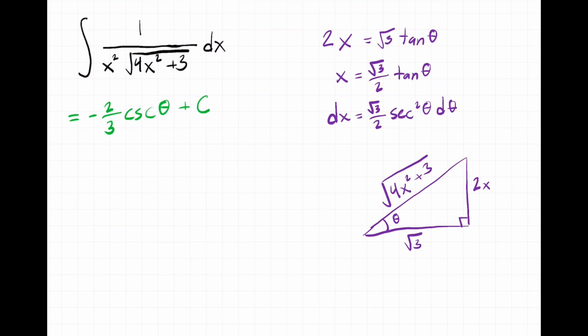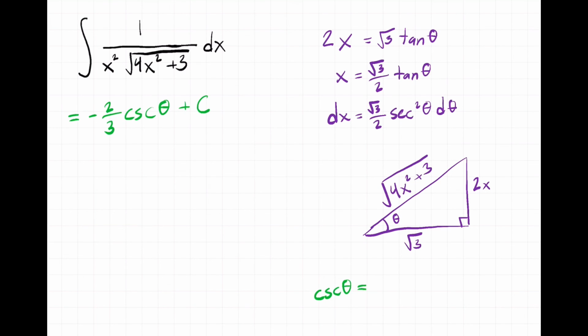But as always, we need to put our integral in terms of the variable that we started with. We need to have a function of x here, not a function of theta. So to work that out, as usual, we'll take a look at our right triangle that we already worked out in order to convert cosecant theta into a function of x. We want to know what cosecant theta is.